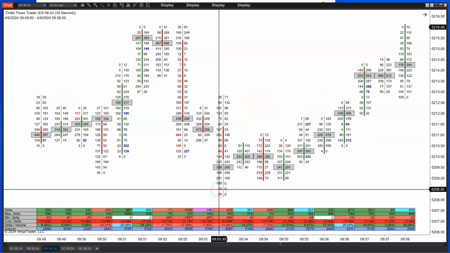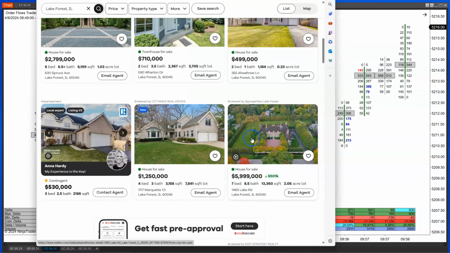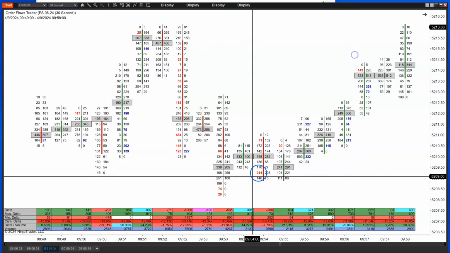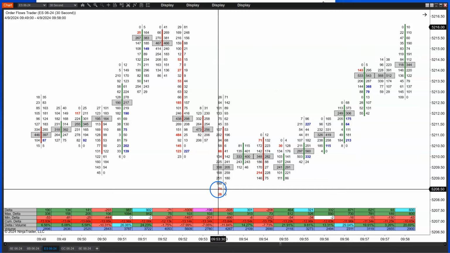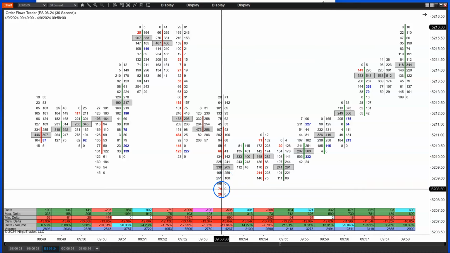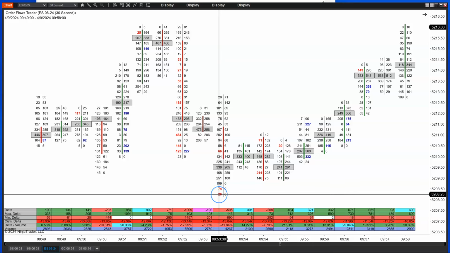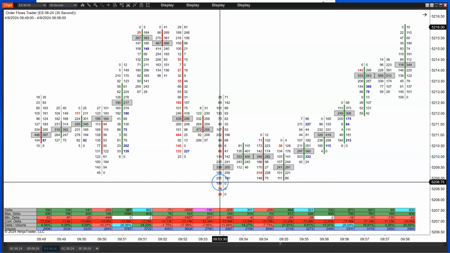You had limits in the market, right? Just like the house is 5.9, but in this case, the market's 52.08. At this point, it was trading a little higher, 52.09. But a seller came in here and hit the bid. He was an aggressive seller selling into passive buyers.